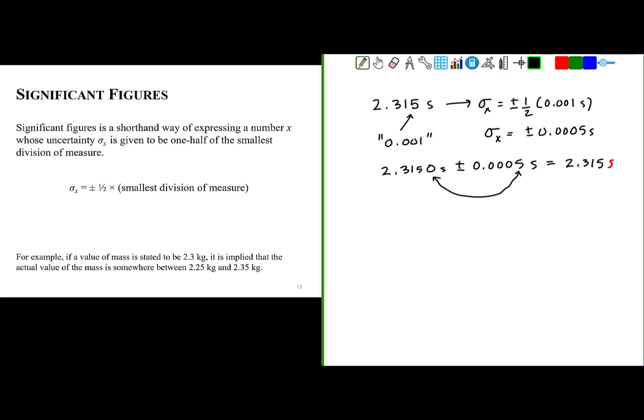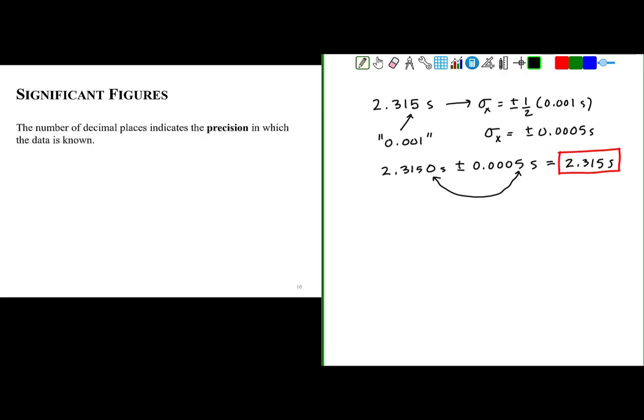So if we could reliably report our uncertainty to the nearest half of that smallest division of measure, then it's more compact to write our numbers like this because the uncertainty is assumed to be in that last decimal place. So the number of decimal places indicates the precision in which the data is known.